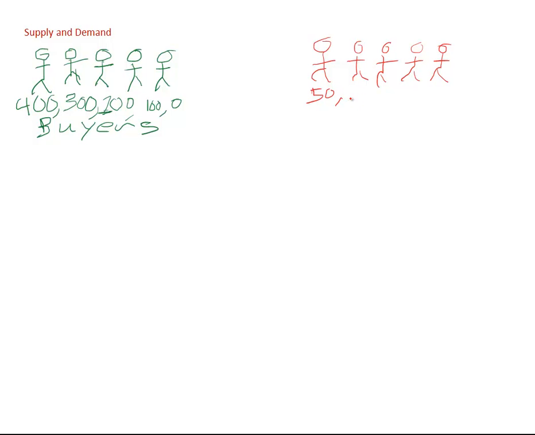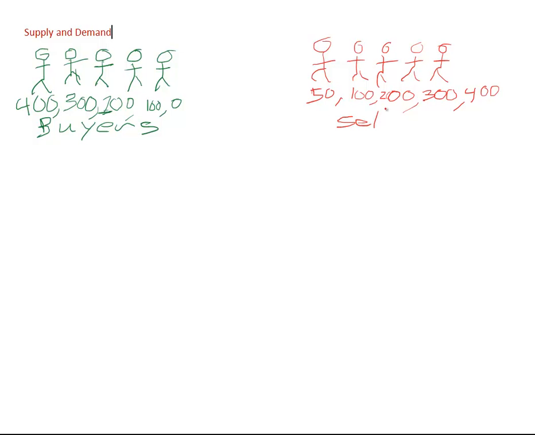Then 100, 200, 300, and let's assume the most expensive one is 400. We're just trying to keep the numbers simple. Notice for buyers, that's the maximum amount they're willing to pay. For sellers, that's the minimum amount they're willing to accept.